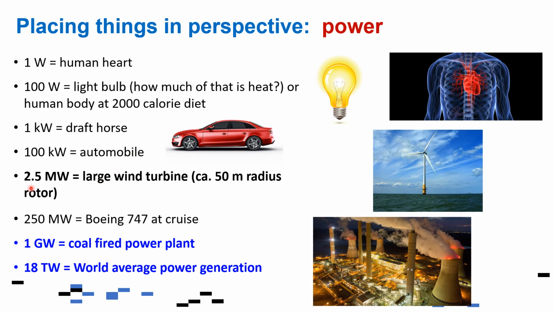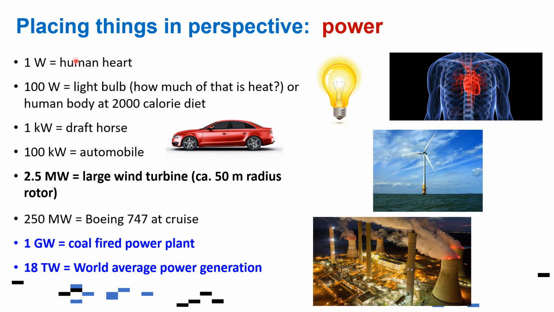We can go farther and make it bigger. So for a large wind turbine, we can have 2.5 megawatts of energy production. For a much bigger coal-fired power plant, it's normally around 1 gigawatt. In comparison, the world average power generation is around 18 terawatts.